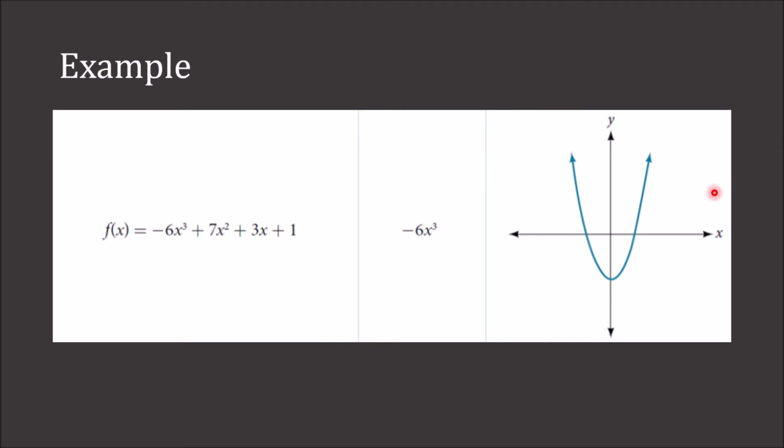This graph is completely wrong, so ignore it. Right, so this function, I'll write it out, f of x will tend to positive infinity as x tends to negative infinity, and f of x will tend to negative infinity as x tends to positive infinity.